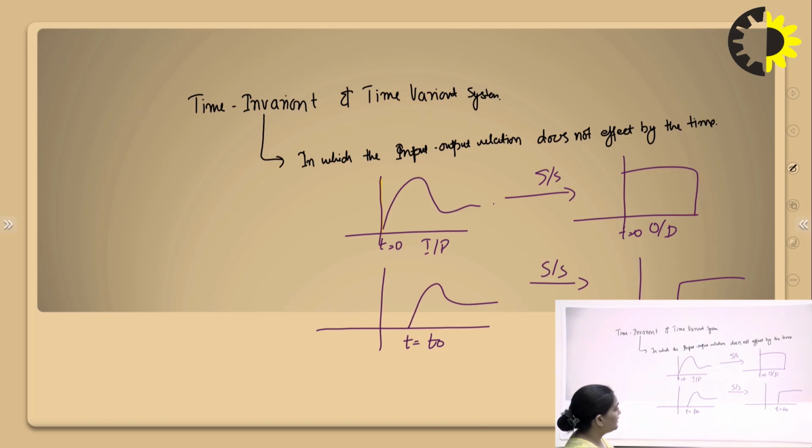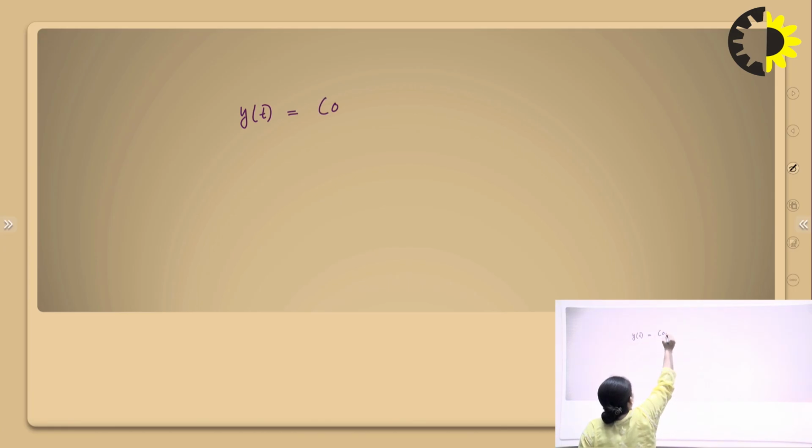Now let's take an example, it will be more beneficial if we take an example, okay. For example, suppose we have a system like y(t) equals cos of x(t), okay.